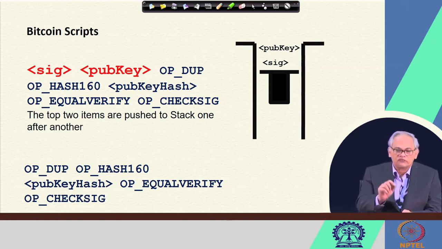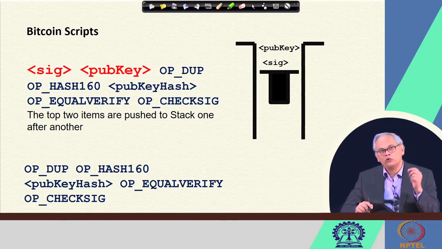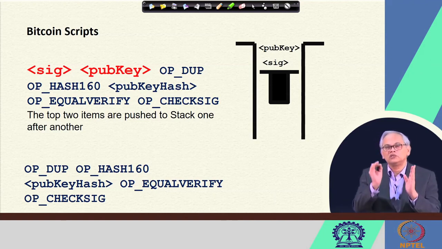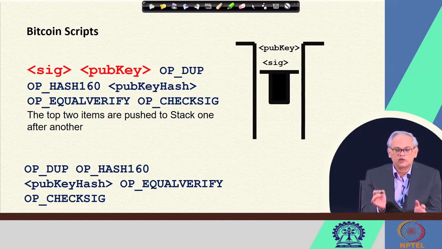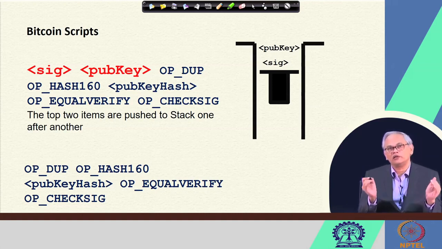So, let us see that after we have pushed sig and then pushed pub key, this is the current status of the stack. We have the two items pushed to the stack one after another, and what we show below is what part is still left in that combined script.